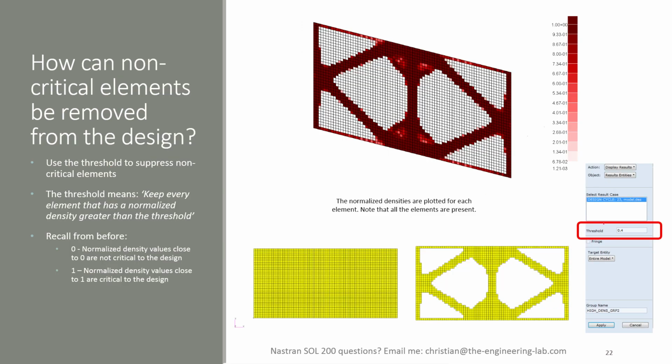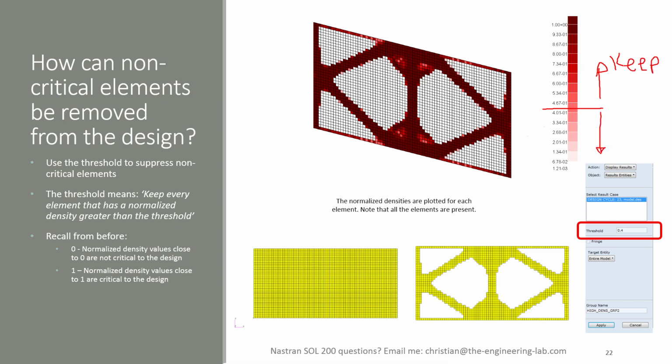And one last comment, the threshold. Back in Patran, I specified a threshold of 0.4. What is this 0.4? Here on the right-hand column, this spectrum that you see here is the range of normalized material densities. The 0.4 is effectively a cutoff. Anything above 0.4, you're going to keep.